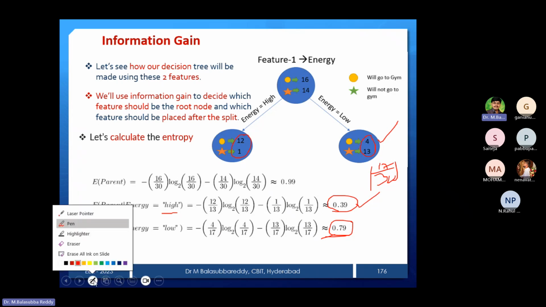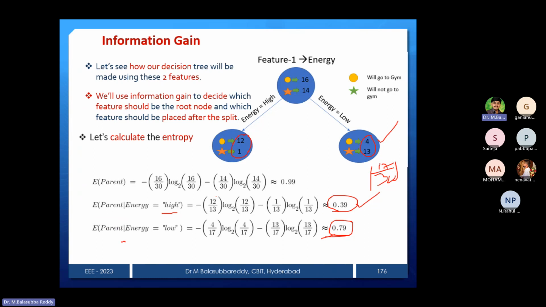Here I will write the average formula directly: average entropy of the parent with energy is equal to 13 by 30 multiplied with 0.39, plus 17 by 30 multiplied with 0.79, which we already calculated.